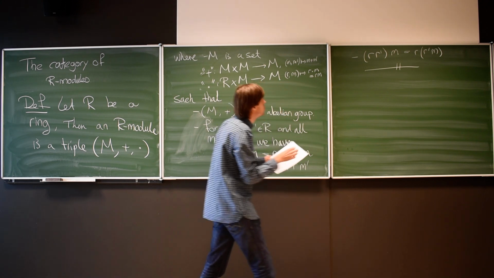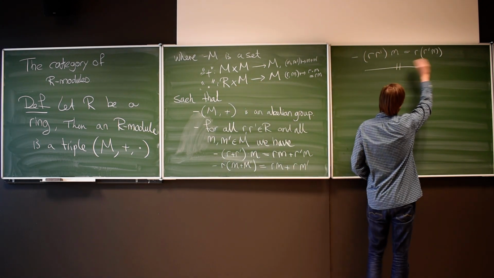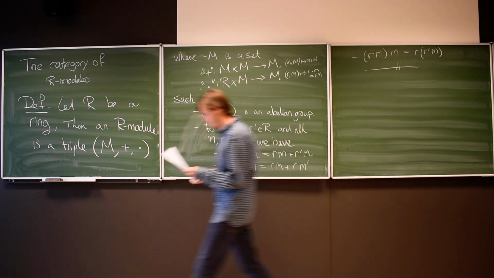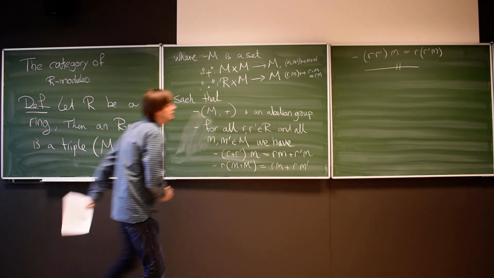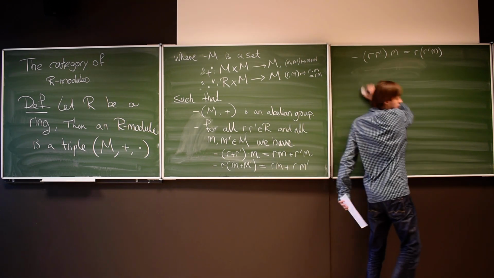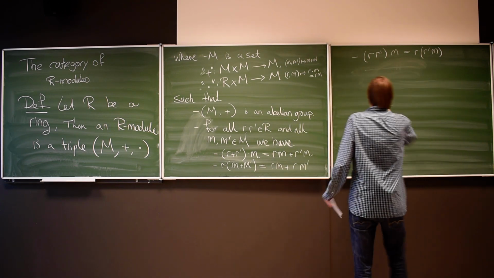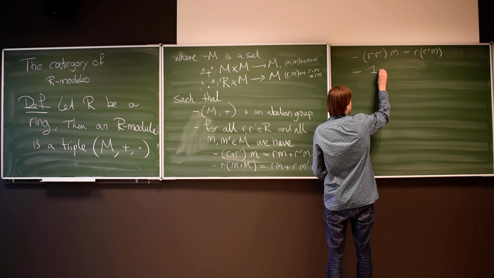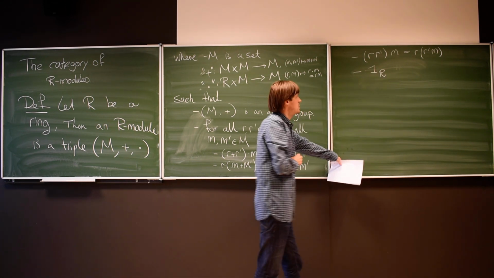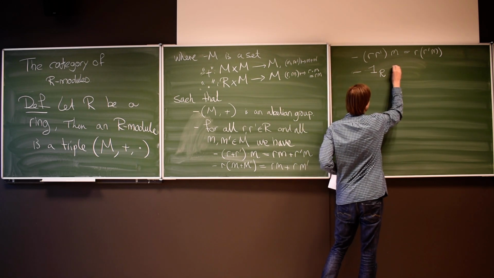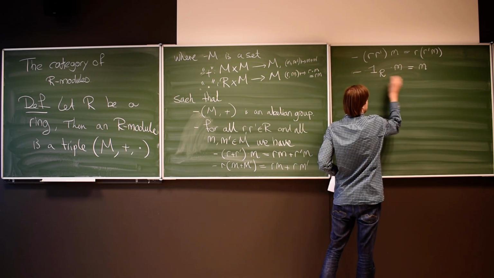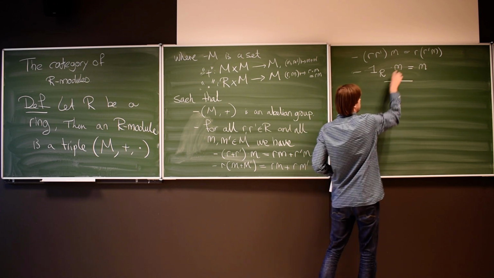Oh, and the one, sorry. So the last condition, this is not automatic, so I really have to include it. If I take the unit element in my ring and multiply it with m, then I just get m for all elements in the module.